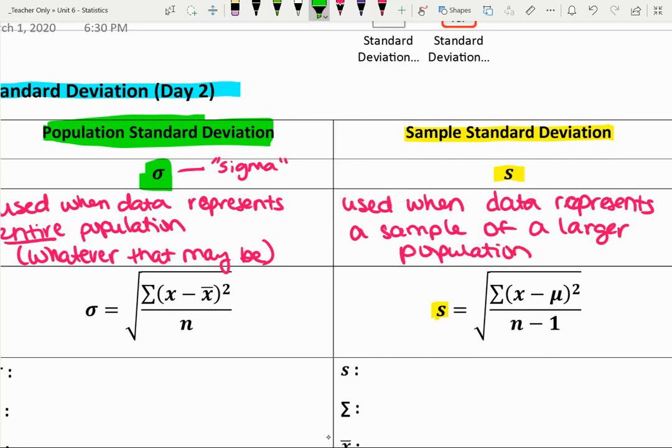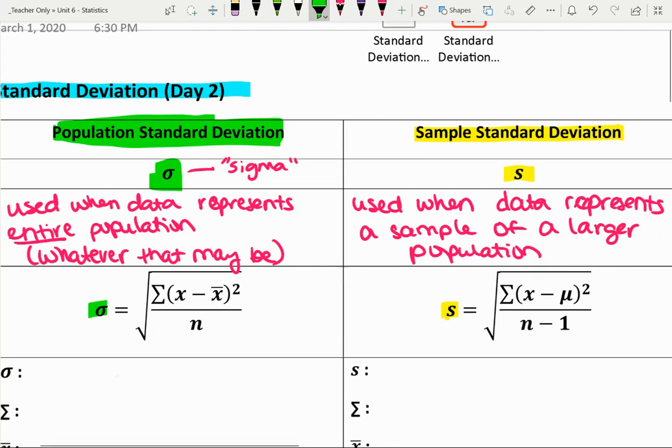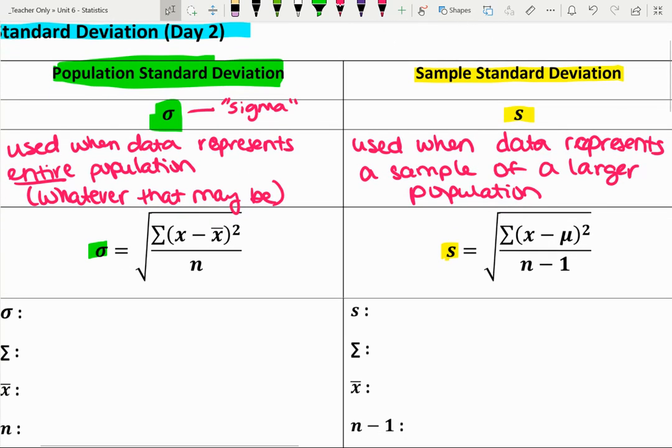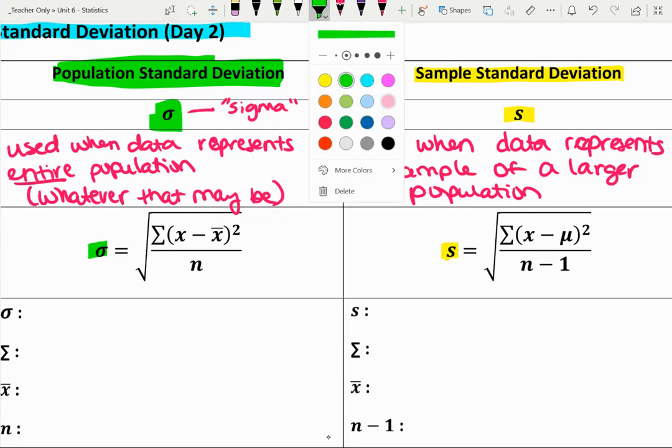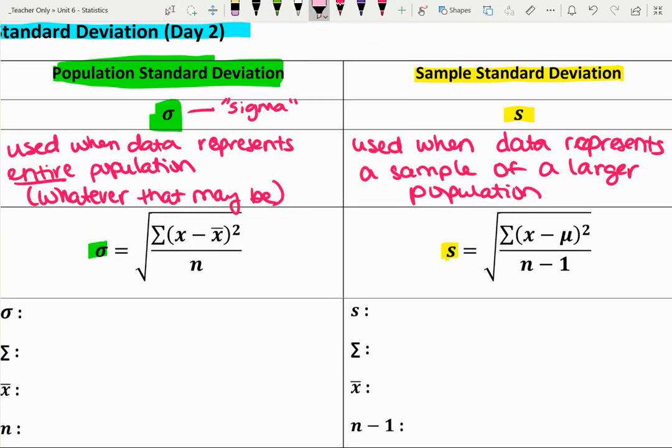So I encourage you to take a look at these two formulas here. On the left-hand side, you've got the population standard deviation, and on the right-hand side, you've got the sample standard deviation. And you might be saying to yourself, well, they're exactly the same. And they are almost exactly the same, except for the thing that's being divided here. In our population standard deviation, we're dividing by n.